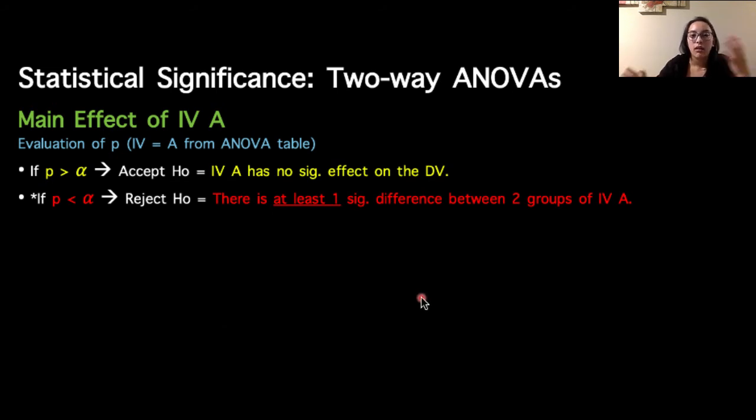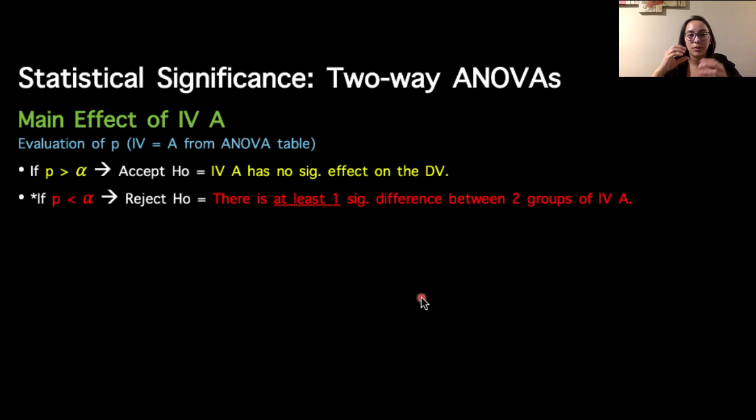Now, depending on the independent variable that you're interested in, the within subject independent variable will be found in the tests of within subjects effects ANOVA table. The between subject independent variable will be found in the tests of between subject effects ANOVA table.